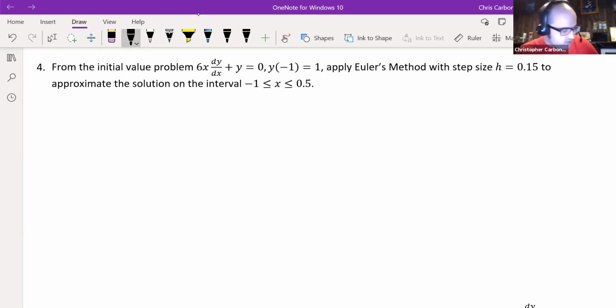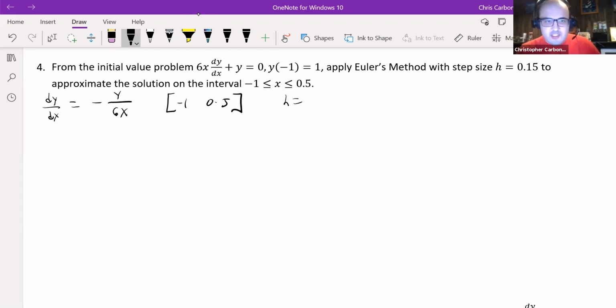Because of the way that our equation is, to do this in Matlab, we would need to express this differential equation as the derivative of y with respect to x equal to -y divided by 6x. The interval of -1 to 0.5 inclusive would be -1 and 0.5 in brackets.